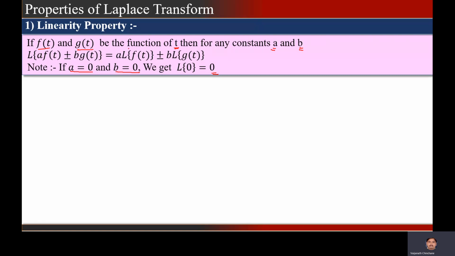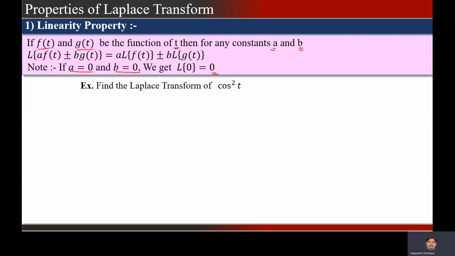Whenever there is plus or minus between any two functions, and we take the Laplace of that, this property states to separate the Laplace, and if we multiply any function by a constant, we take that constant outside and take the Laplace. So this is the linear property, and this is without proof for your syllabus.